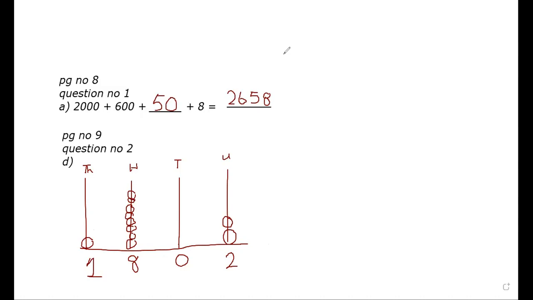Now, question number 3 of the same page, page number 9. In this question, I'm going to solve A part for you.